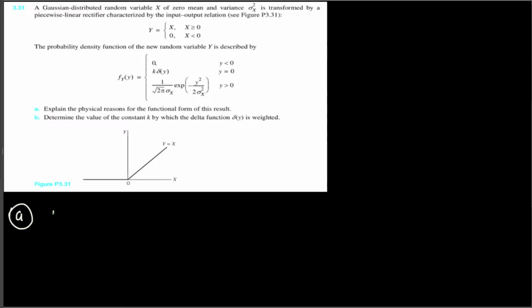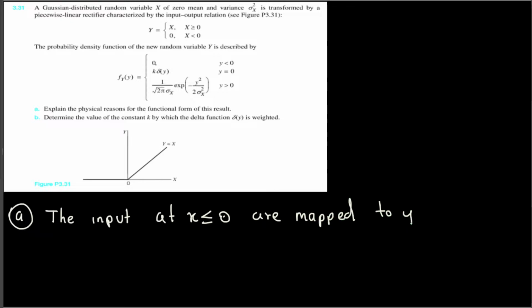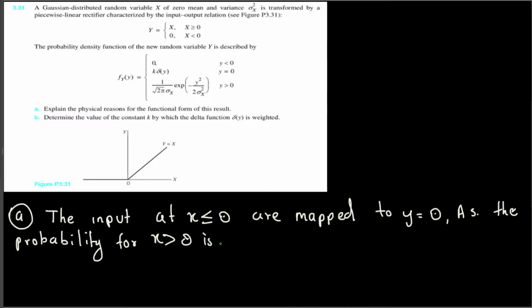The inputs at x less than or equal to 0 are mapped to y equal to 0, as the probability for x greater than 0 is unchanged.